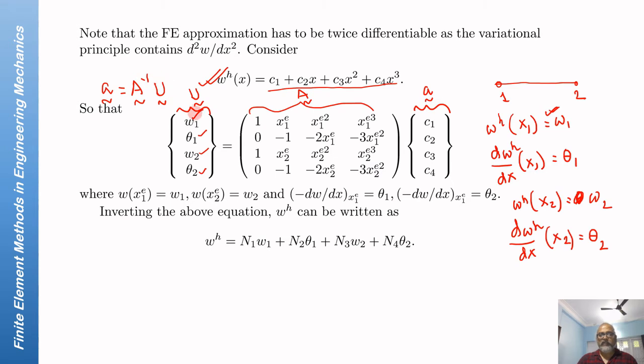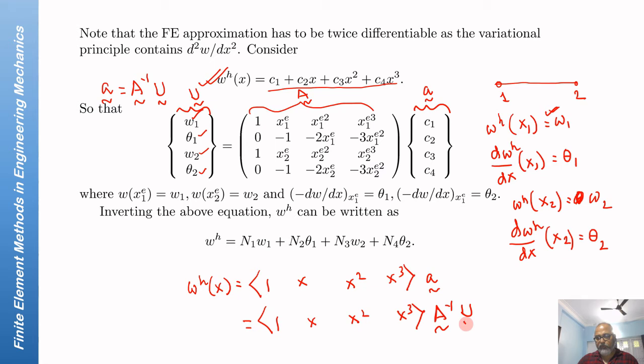And when I do that, I get the connection. So W^h(x) is 1, x, x square, x cube times the a vector, and therefore when I have done this inversion, I'll get 1, x, x square, x cube times A inverse W. So this whole thing becomes my shape function.